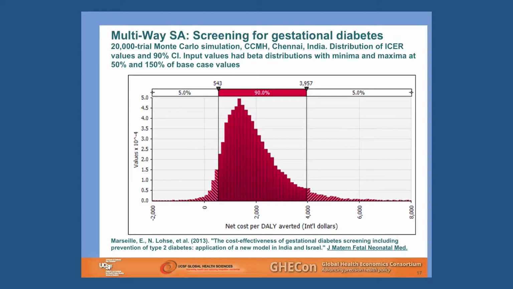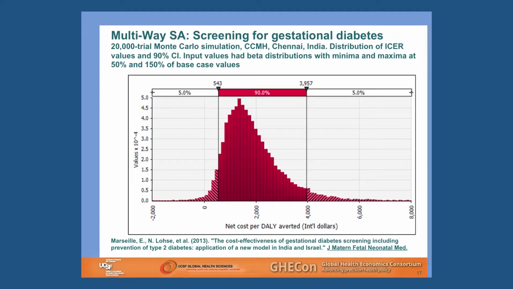So this is called a multi-way sensitivity analysis, and it yields a curve that shows the distribution of ICERs given randomly drawn values from all of the inputs at once after you've assigned a distribution to those values. So all the input values have an upper or lower bound and a distribution that you think is the best representation of the actual distribution of the values of those inputs.